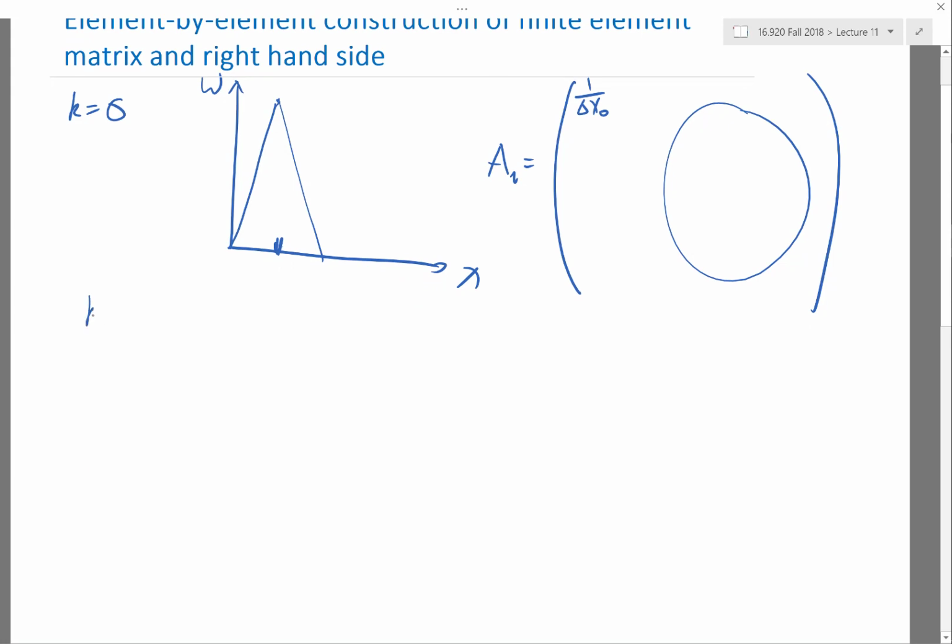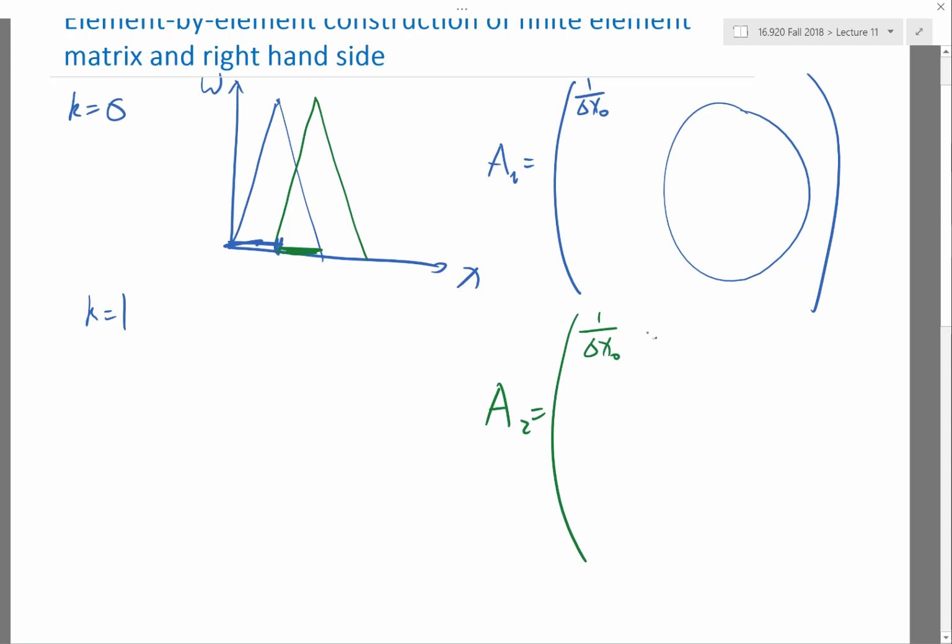So when k is equal to 1, so let's change the color. K equal to 1, we're looking at over here. In addition to this, we have another basis. So my k2 is equal to, okay, so the first basis function is going to be non-zero. So we still have a 1 over delta x0 over here.